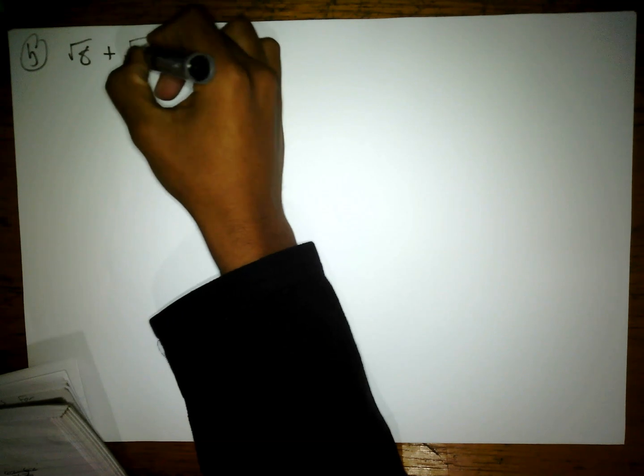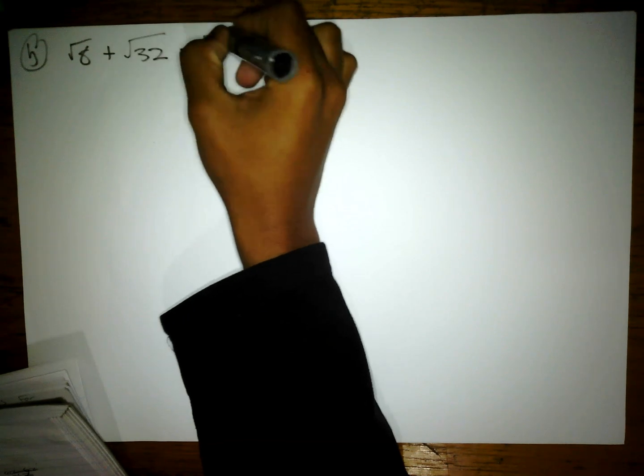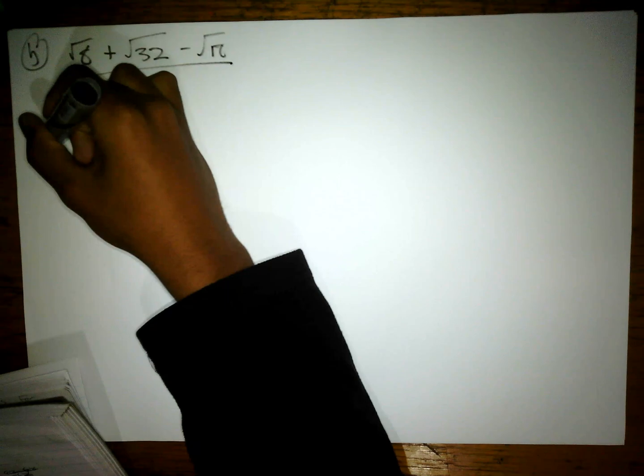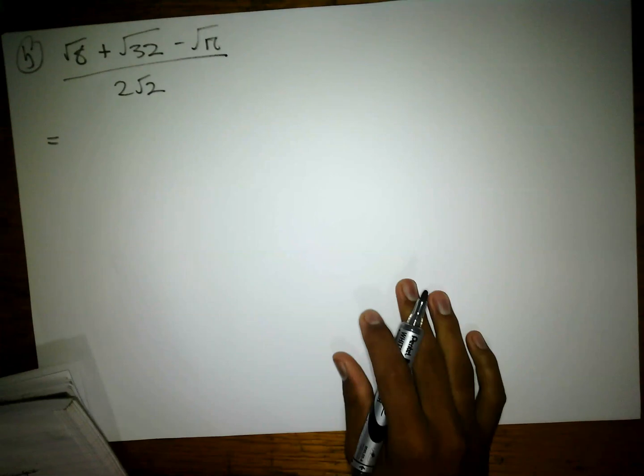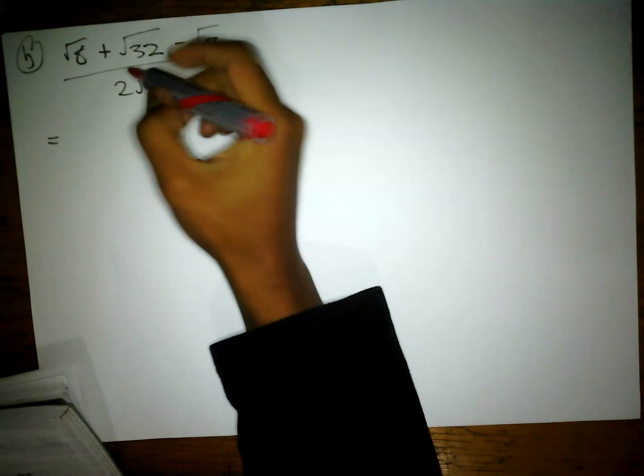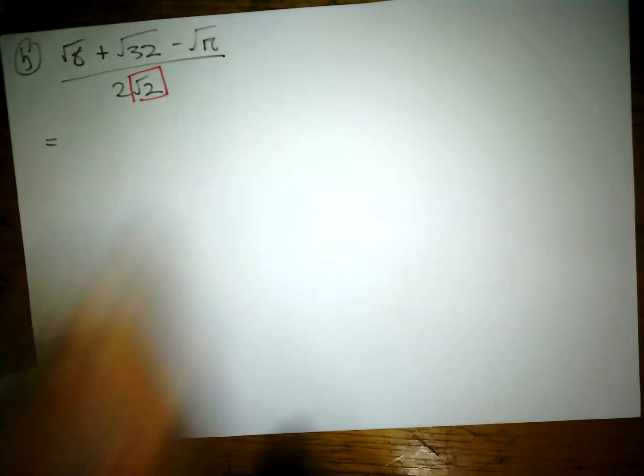So, the next one is saying 8 square root 8 plus square root 32 minus square root 18 over 2 square root 2. Okay, so again we have a small hint, and our hint is this over here, a square root 2.